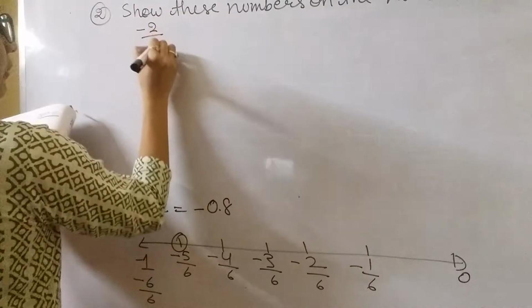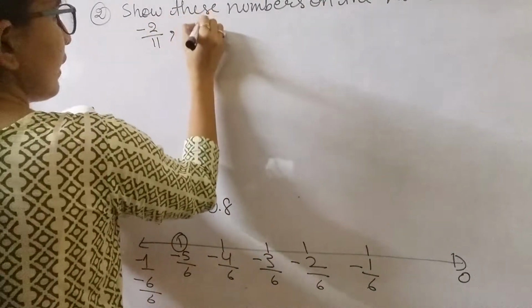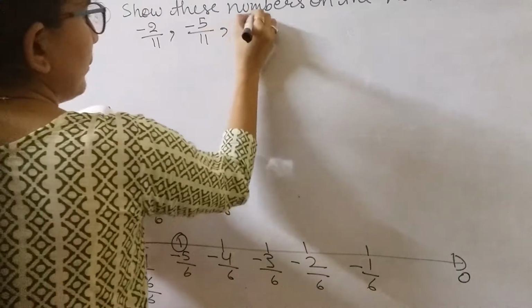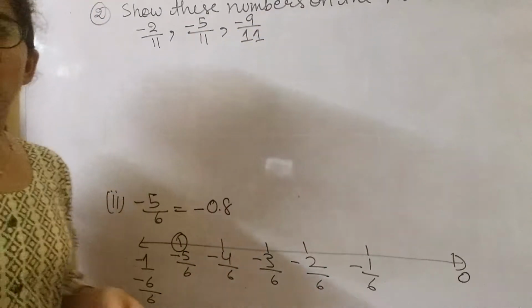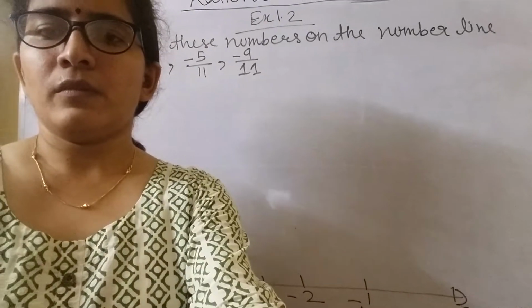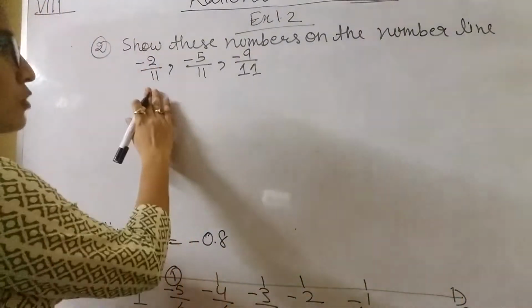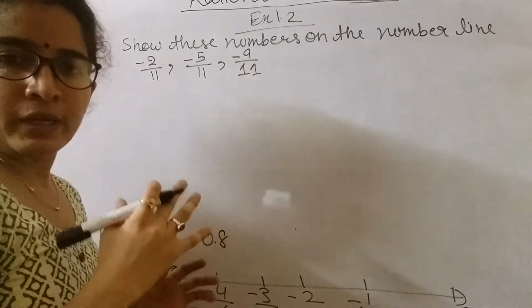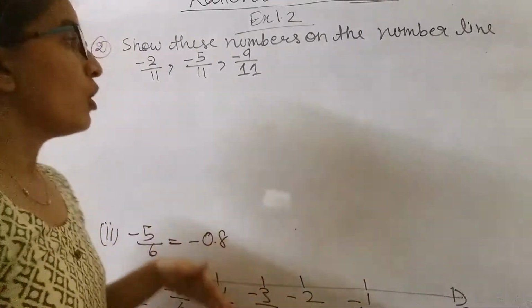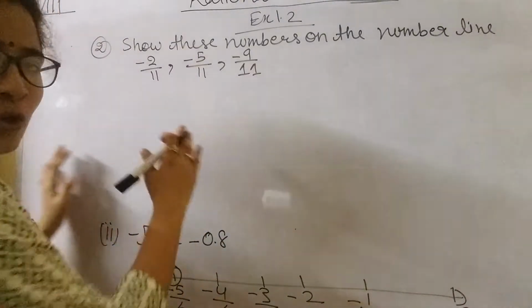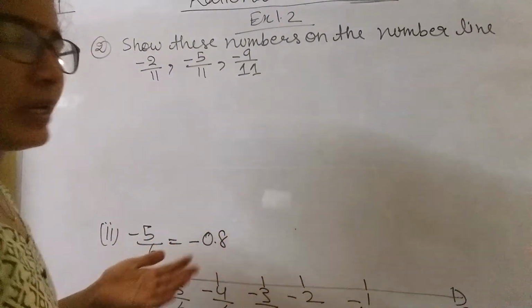Minus 2 upon 11, minus 5 upon 11 and minus 9 upon 11. So as we can see that these all numbers are negative, so this will lie on the left hand side of the number line.